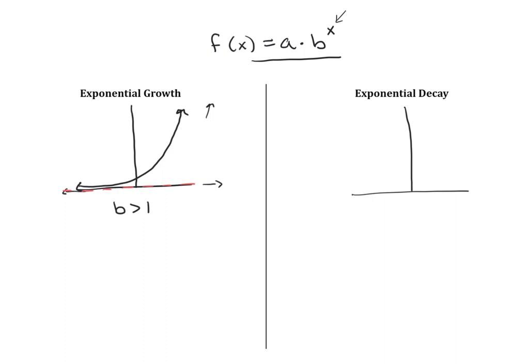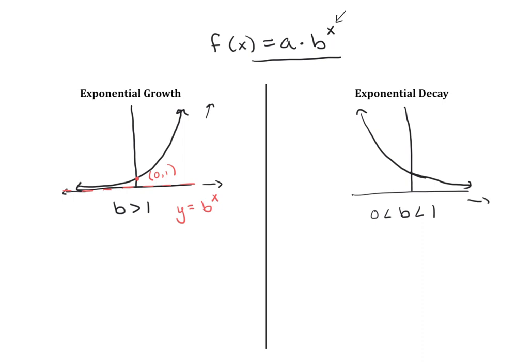In just the basic parent function here, the y-intercept is 1, and that is when the a value is 1, and we just have b to the x. And then exponential decay is when b is between 0 and 1, and that is going to create this graph, which essentially changes the end behavior.